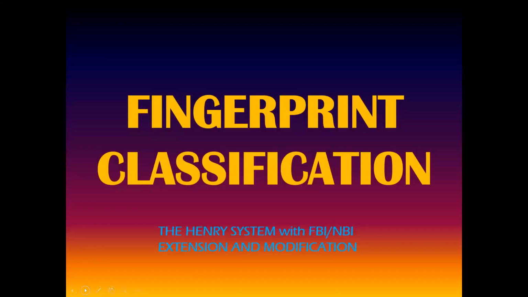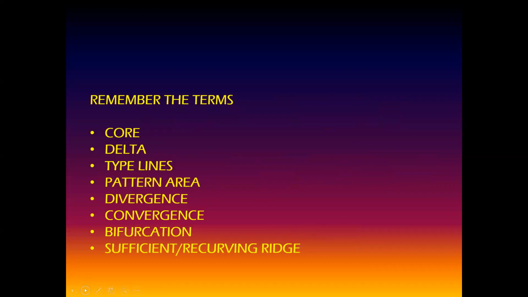Now, as far as the Henry system, take note that the original Henry system only involved four divisions, but eventually, because of the FBI extension, they added two more, making it six divisions.